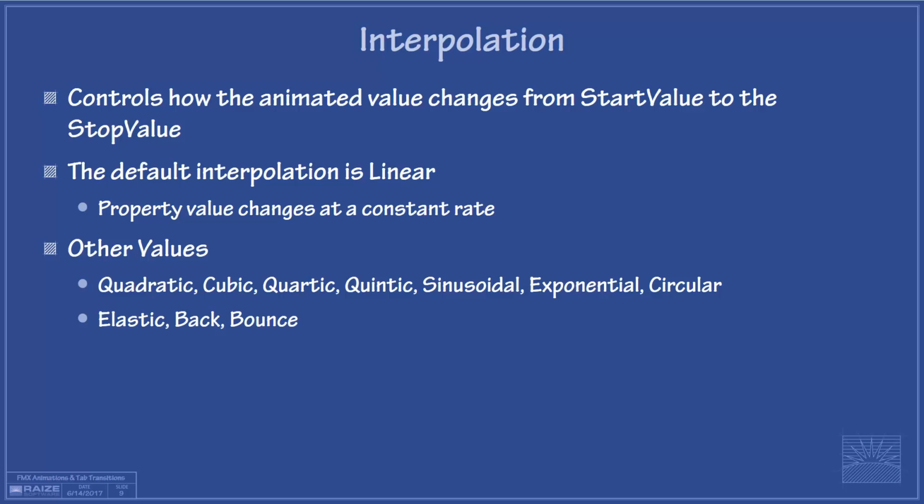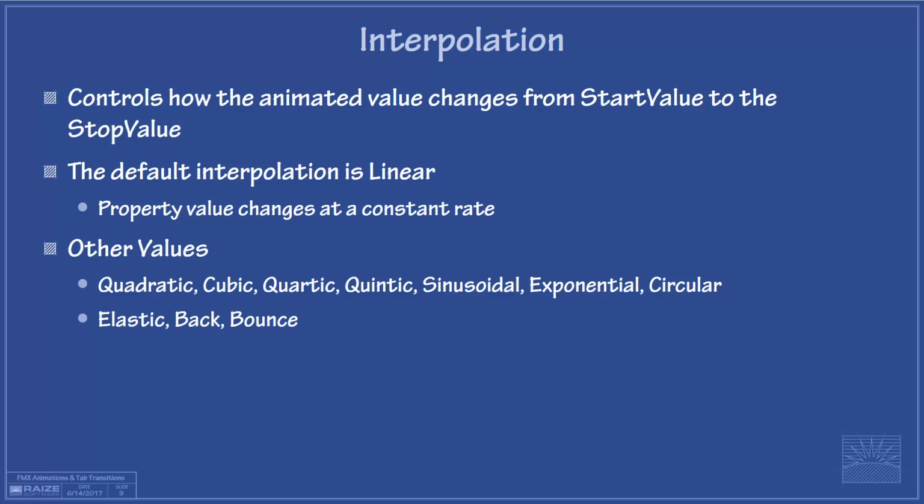When you apply change rates over time, you can apply a curve to that. So the framework, the animation classes, have an interpolation property that allows us to use different mathematical curves to alter the way in which the values in between the start and the stop are calculated. And here are the other values aside from linear.